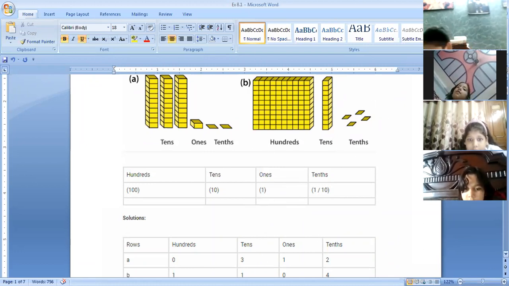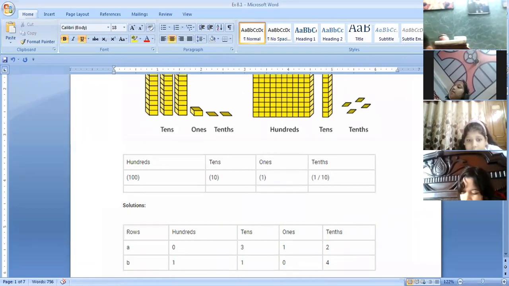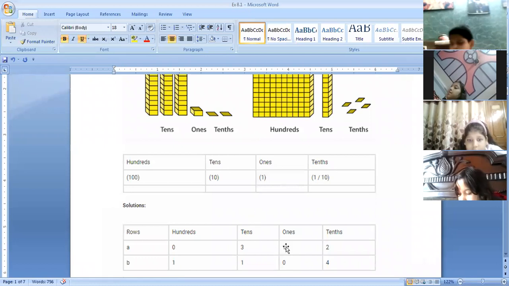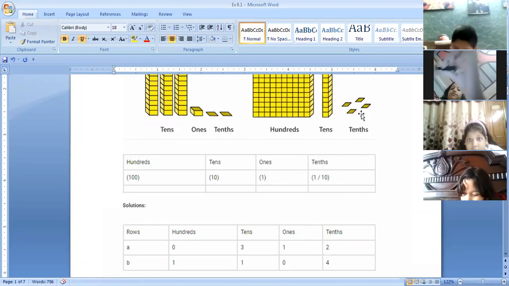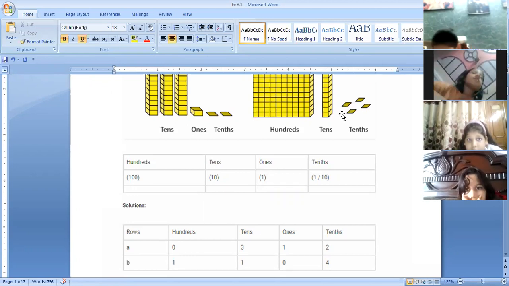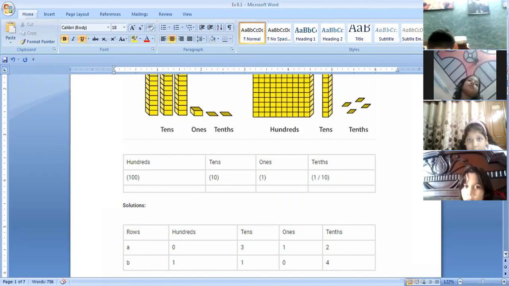That means 1 will come at the hundreds place, 1 will come at the tens place, and no ones place is given over here. And 4 is at the tenths place. So it will be 110.4. Yes, Chehak, you are right. 110.4. Clear?